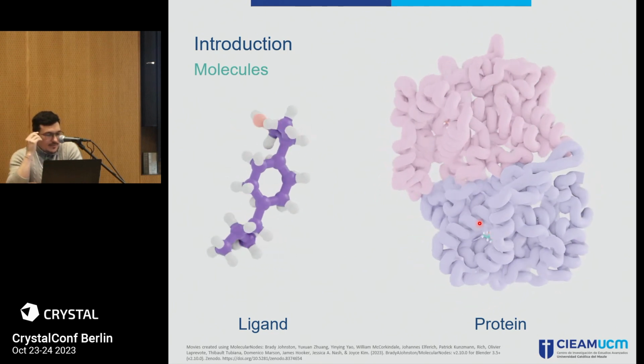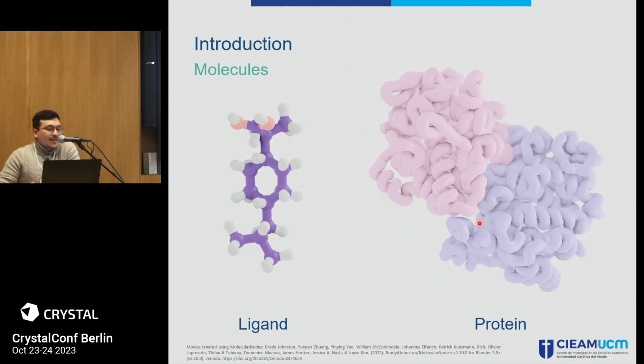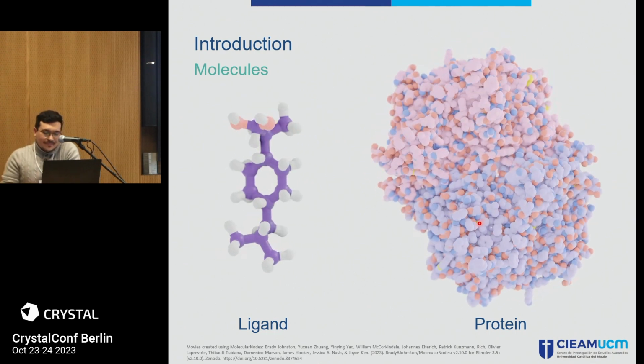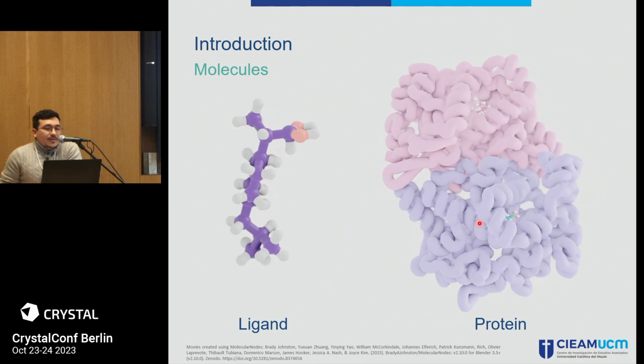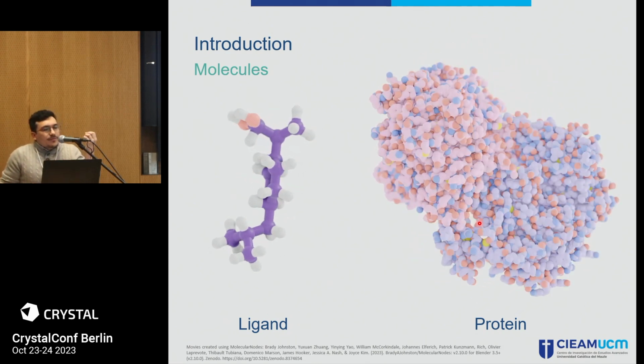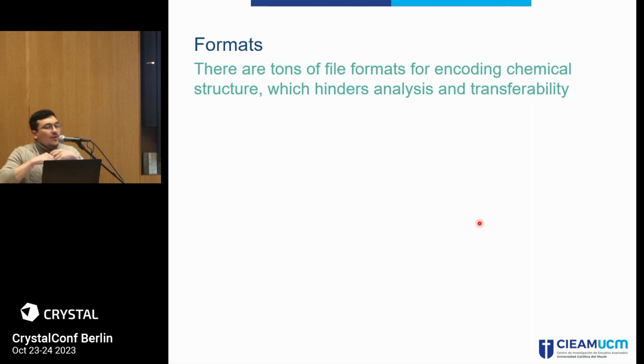There are really complex and really big proteins, and treating this data is really difficult. So to treat this data, there exist a lot of formats, right? There are a ton of file formats for encoding this chemical structure, but this is really difficult because those formats are different, and often there is no transferability between the software.